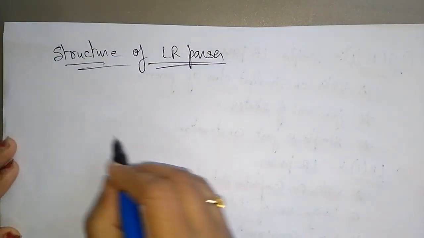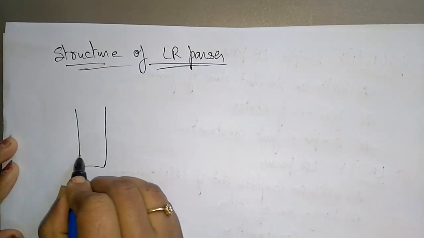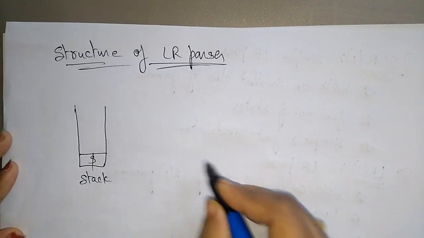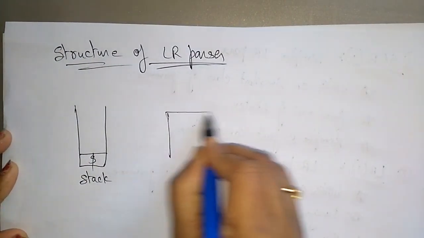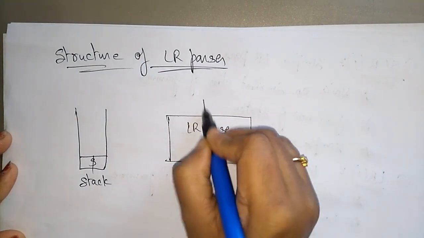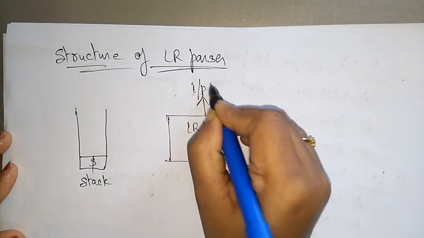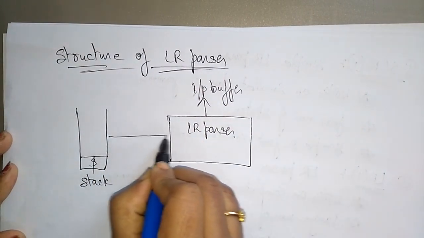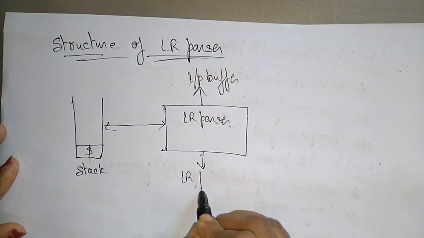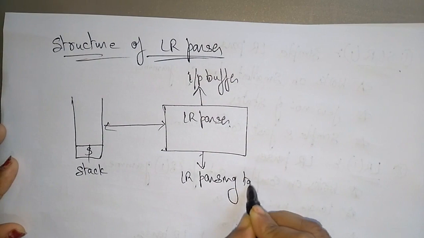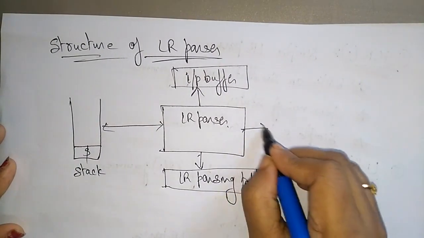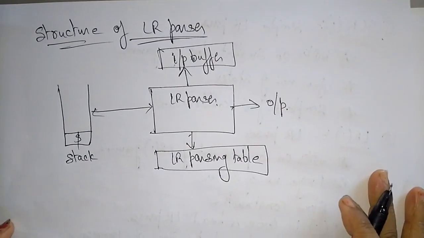So LR parser consists of a stack which holds the data, and the stack starts with the empty symbol, and it consists of LR parser, an input buffer, an LR parsing table, and output. This is the structure of LR parser.